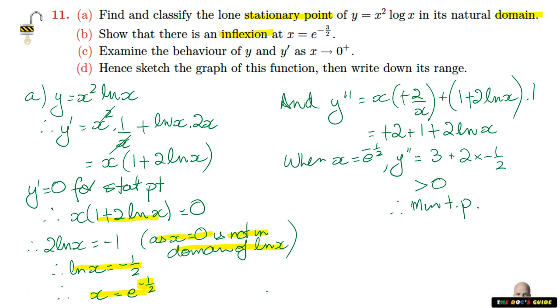Sorry, I'm a step ahead of myself here. We find the second differential. We're still at the point of classifying the stationary point. So when we find our second differential, we plug in the point we're after. We notice that that's greater than 0, so what we have is a minimum turning point.